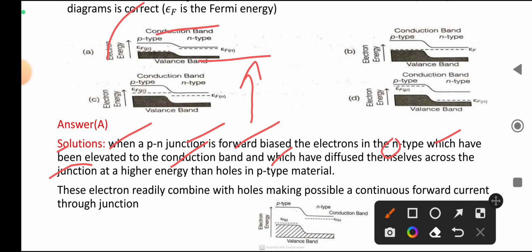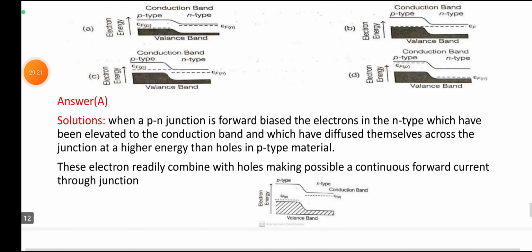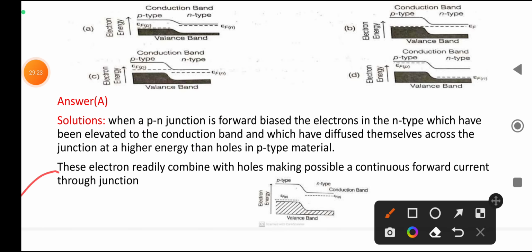Okay, so in a PN junction diode in forward bias, what happens? Electrons from the N type have been elevated. They move towards what? The conduction band. Okay, these electrons readily combine with the holes. Which electrons? The electrons that diffused to the junction.